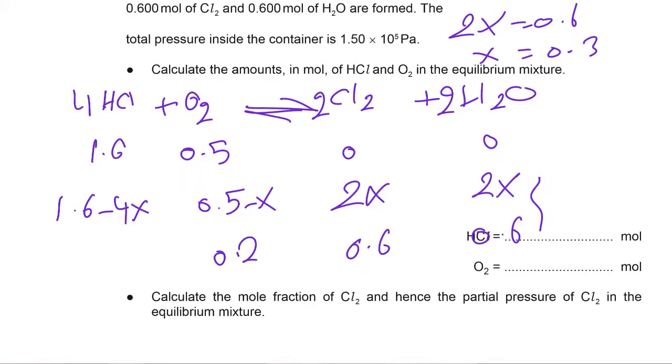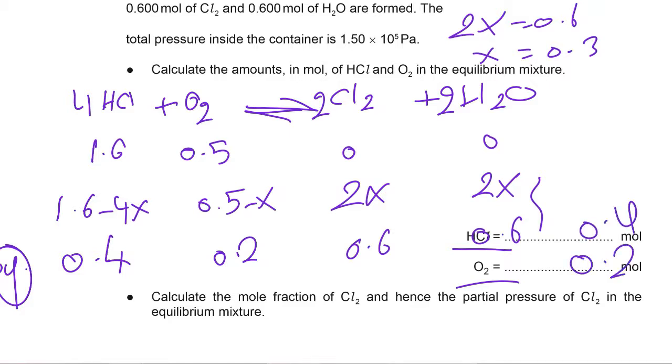And 0.6 minus 4 times 0.3, which is 1.2, gives us 0.4. Okay, so at the equilibrium you have 0.4 of HCl, 0.2 of oxygen, 0.6 of chlorine, and 0.6 again of H2O. Here it is asking about HCl and oxygen, so HCl is 0.4 mole and oxygen is 0.2.